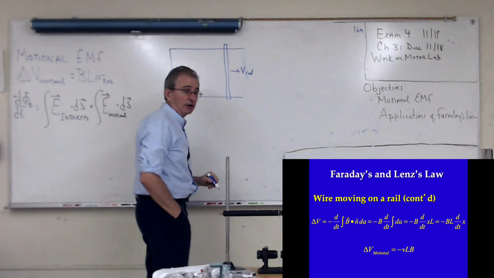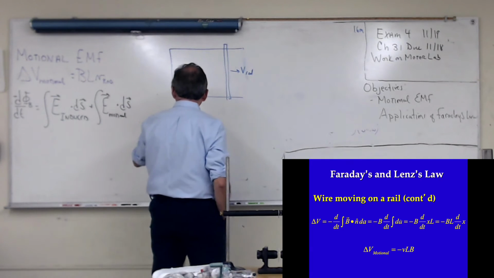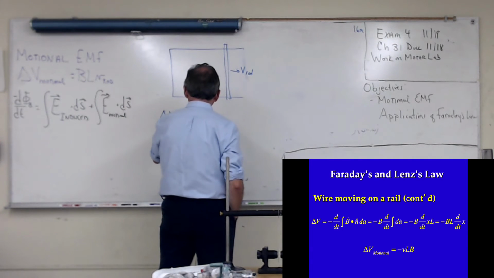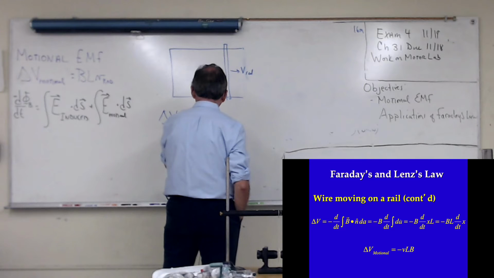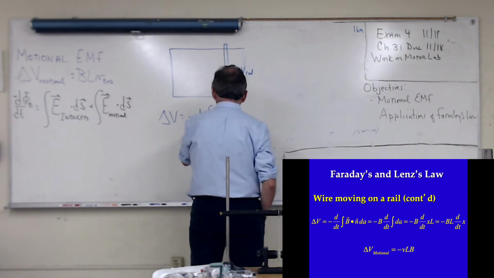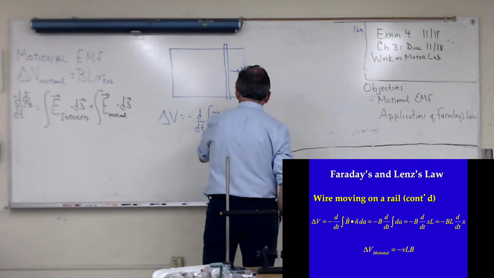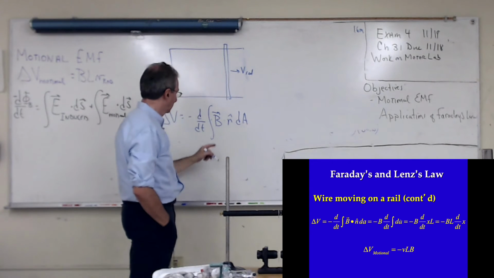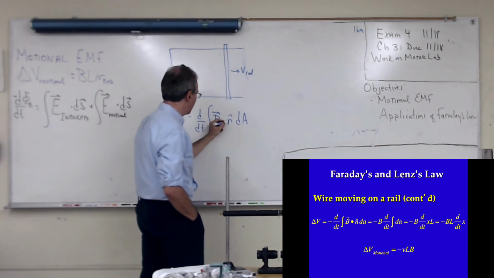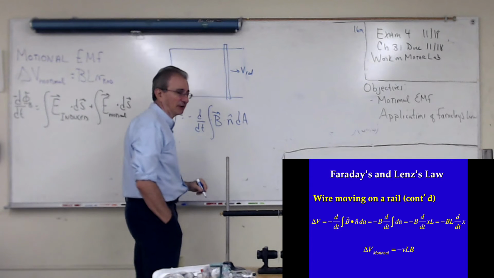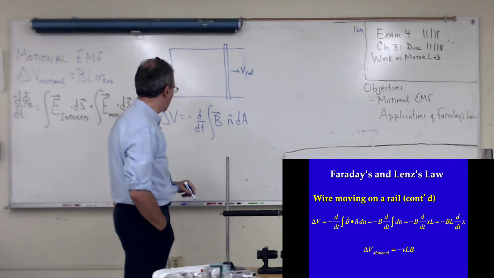So let's say the rod's going that way. We want to calculate the induced EMF. B and N, I'm going to choose N parallel in the same direction as the magnetic field. So this dot product is 1.